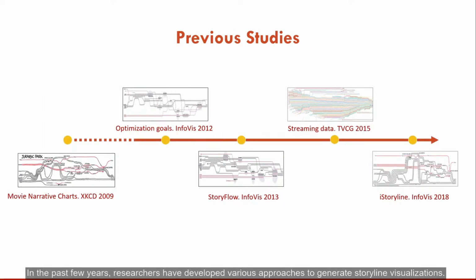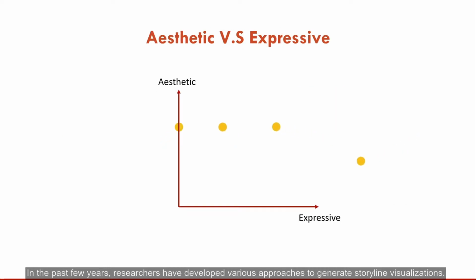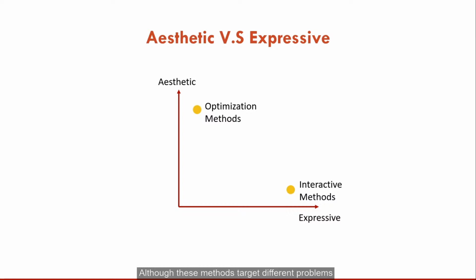In the past few years, researchers have developed various approaches to generate storyline visualizations. Although these methods target different research problems, they can be mainly divided into 2 groups. The first group are the optimization methods, whose main goal is to pursue more aesthetic layouts.